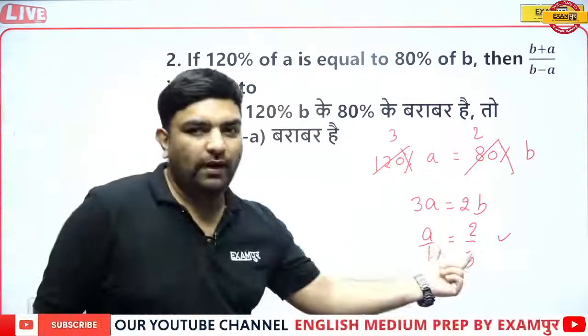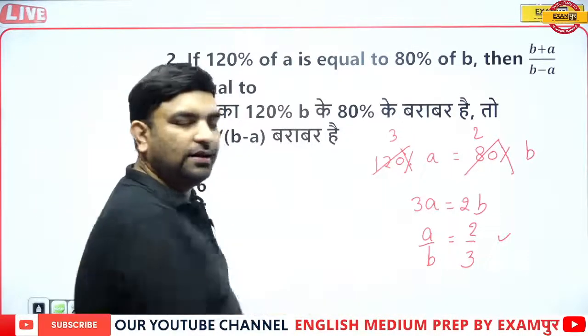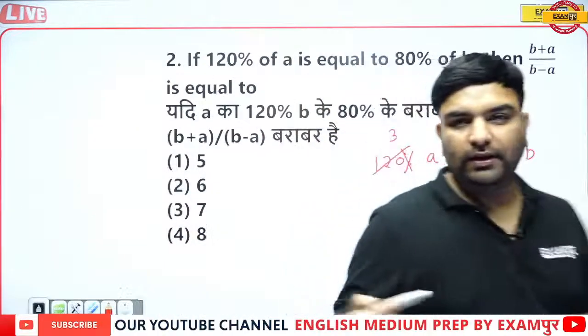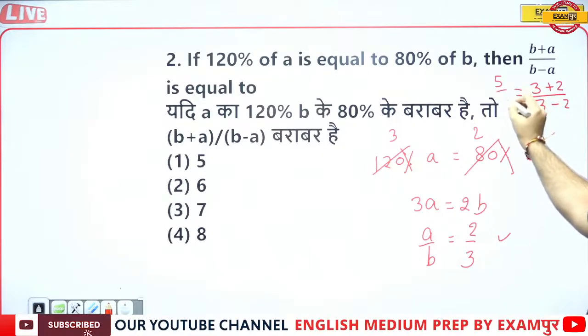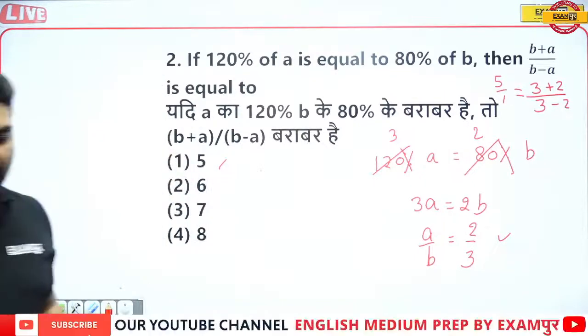So in place of A you can put 2, in place of B you can put 3, because they are in the ratio 2:3. B you can put as 3 and A you can put as 2. So 5 by 1, 5 is the ultimate answer.